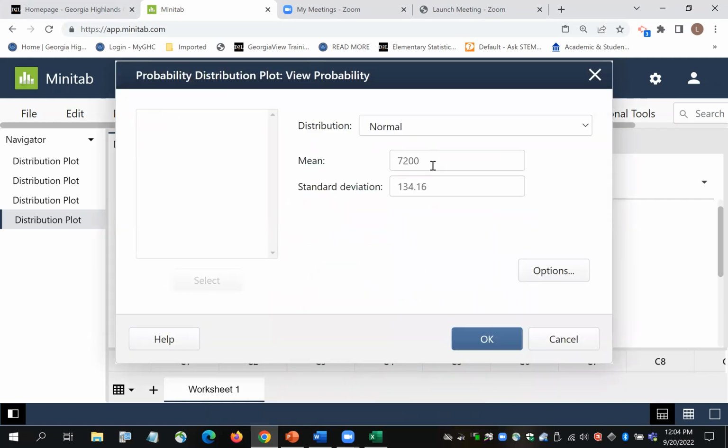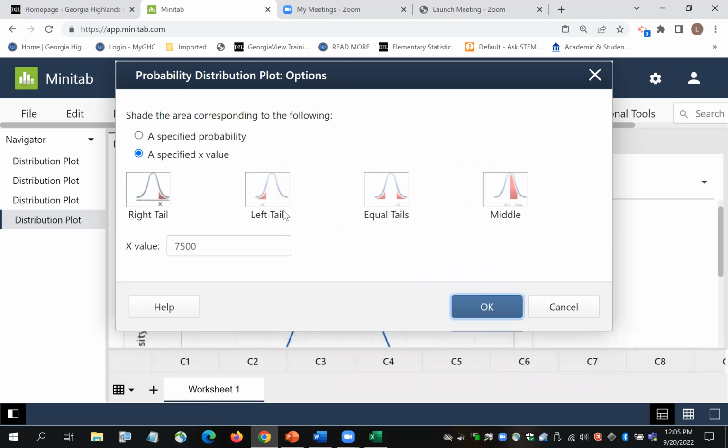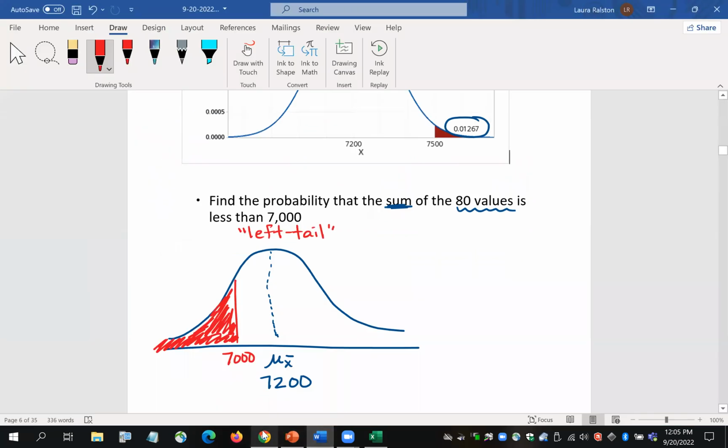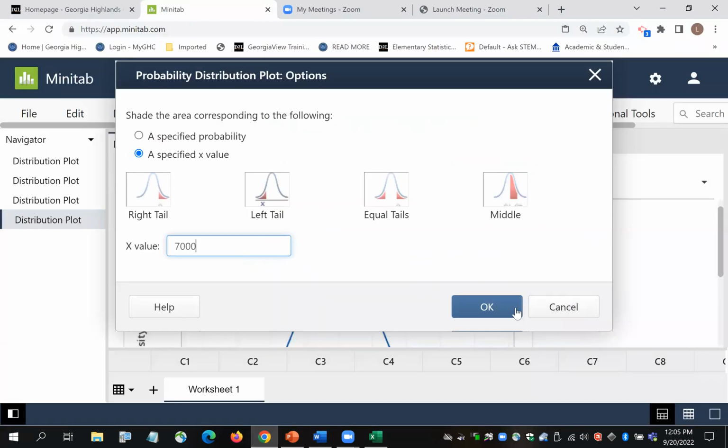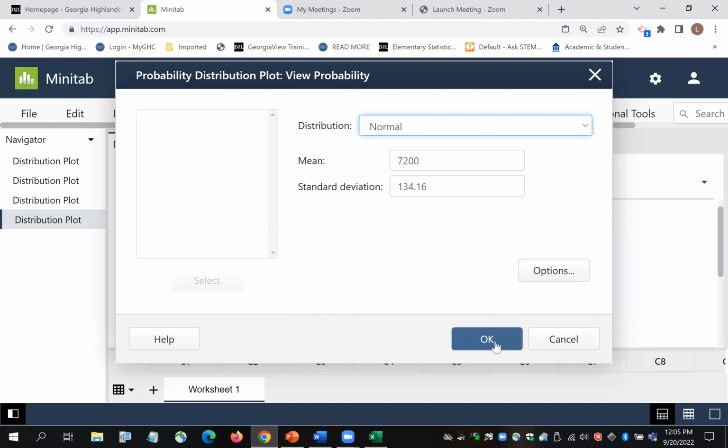It is normal. My mean was 7,200. My standard deviation was 134.16. It was a left tail with a point of interest of 7,000. Is that right? Yeah. I click OK.